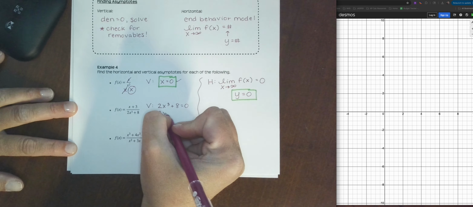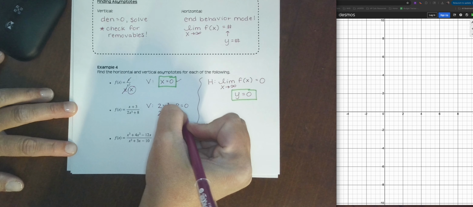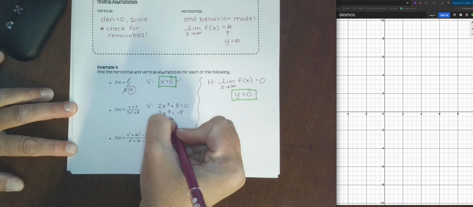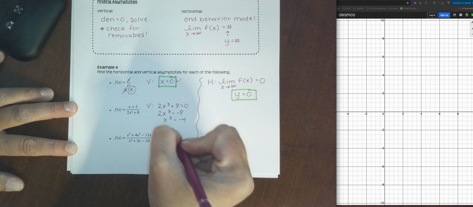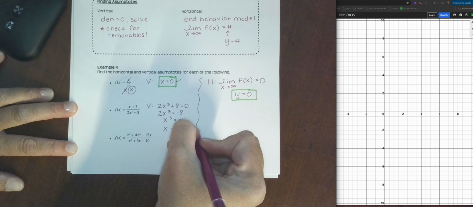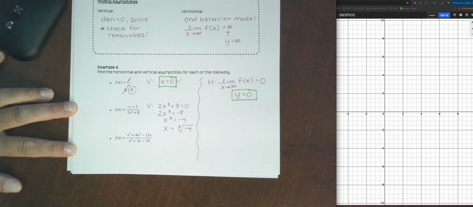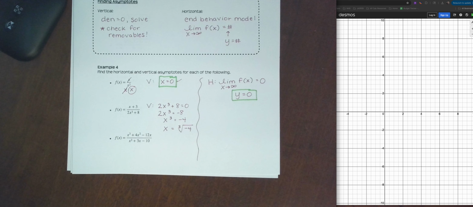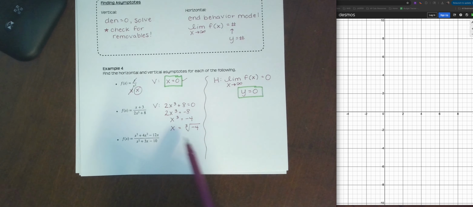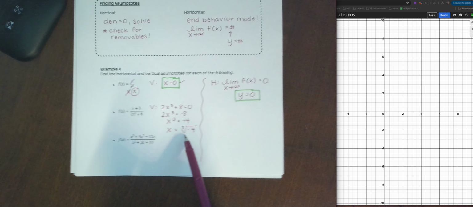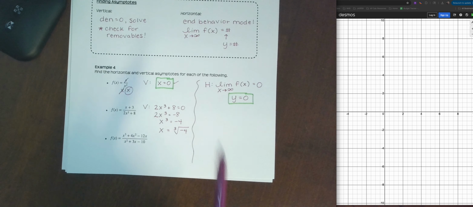I would get 2x cubed equals negative 8, which means x cubed equals negative 4, and so this would just be at the cube root of negative 4. We are allowed to take cube roots of negative numbers. We couldn't take a square root or a fourth root, but we can take odd roots. And since this is not a root that I could plug in here and have this also equal 0, I know this isn't a hole. This is definitely an asymptote. Okay, so denominator equals 0. That's how I'm finding vertical asymptotes.